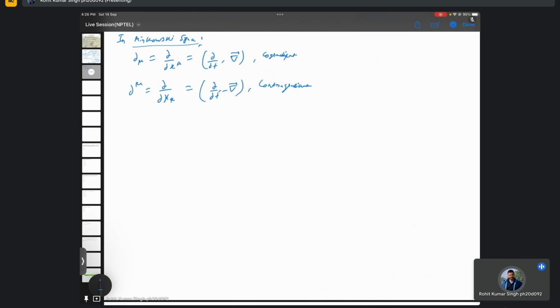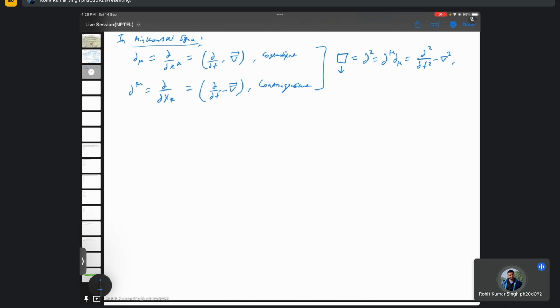Now we can define something called the D'Alembertian. What is it? It is just the dot product of these four vectors of derivatives, and you get this quantity.